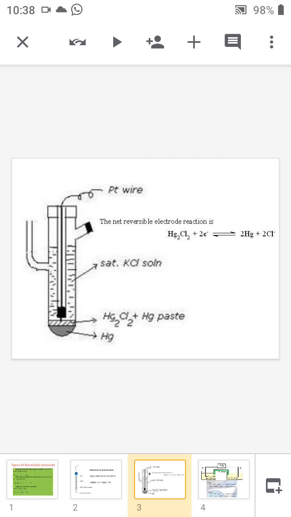In this calomel electrode also we are measuring the Cl- ions, and it is a reversible electrode with respect to anion. So the chemical reaction that occurs is Hg2Cl2 plus 2 electrons gives Hg. That is, Hg is in the elemental state, and the chlorine is in the ionic state. Thus we can measure the Cl- ion potential.